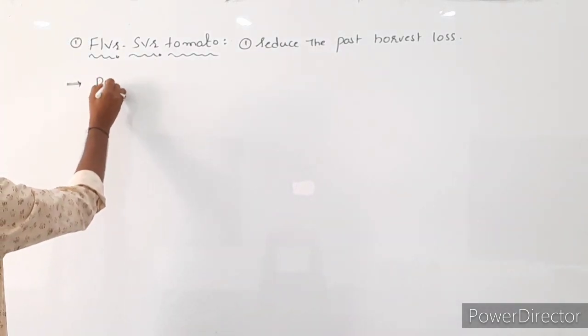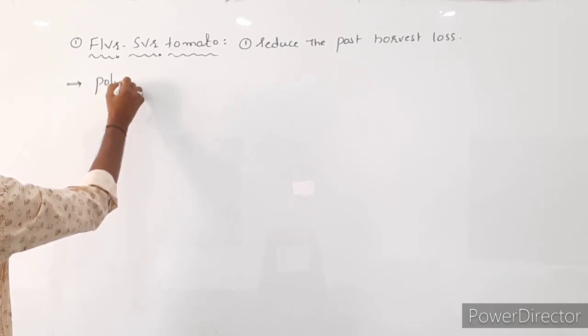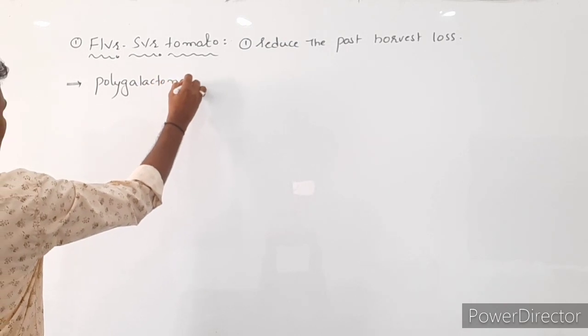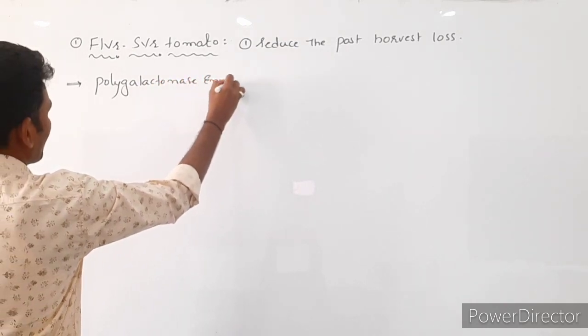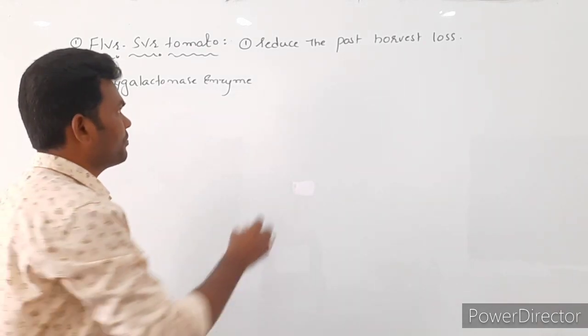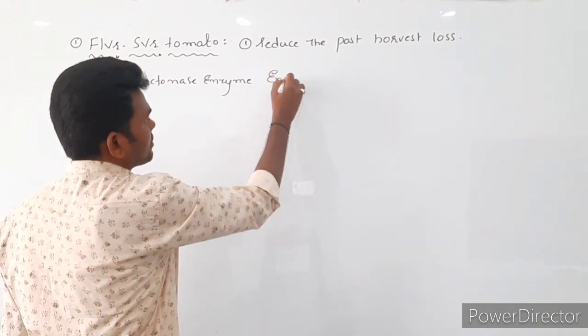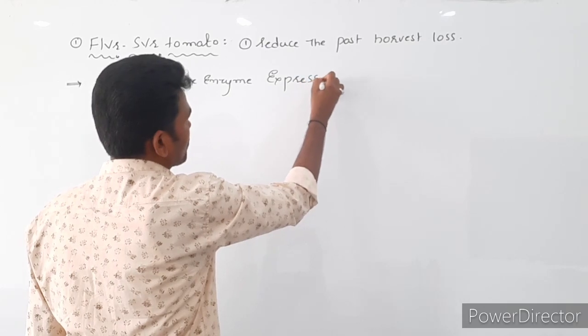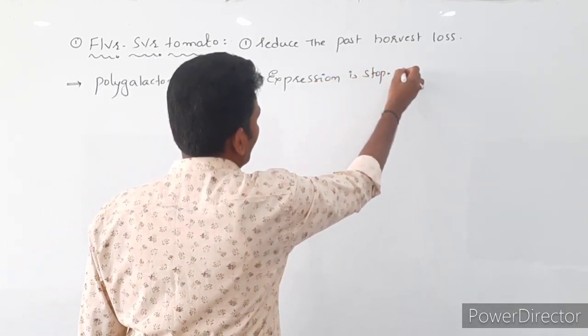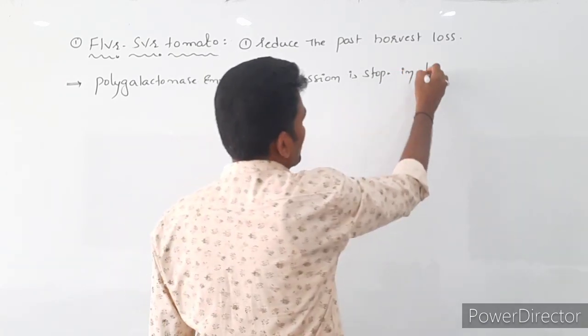polygalacturonase enzyme. The polygalacturonase enzyme expression is stopped in the tomato plant.